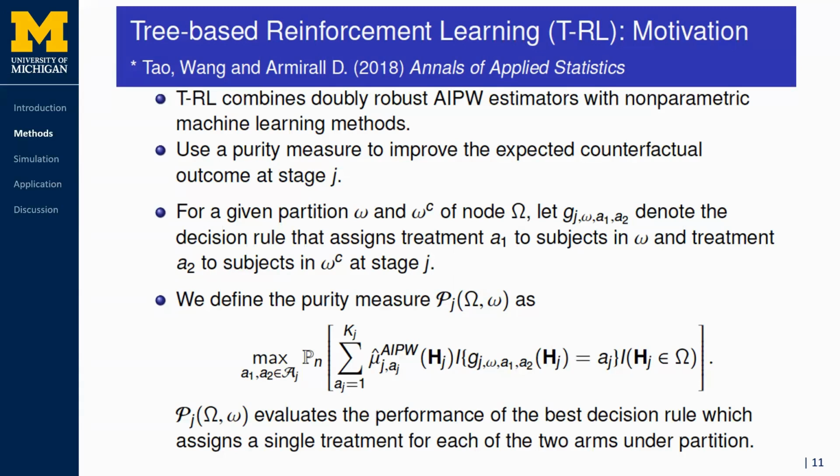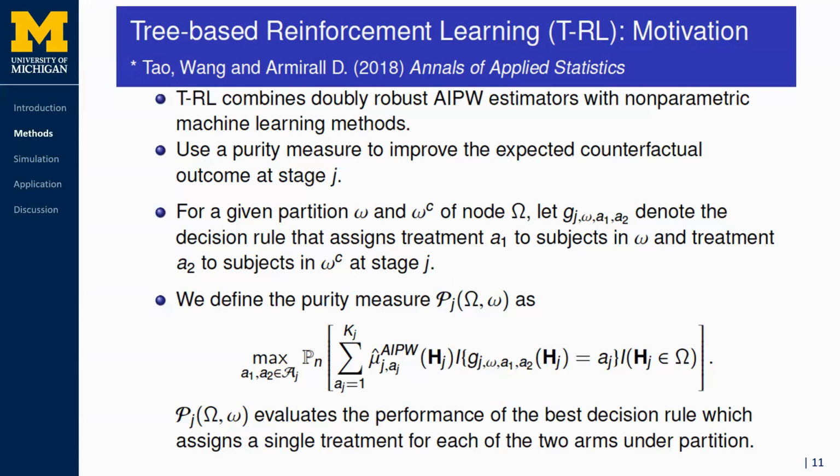So what they will do is, for a given partition omega and complement of any node, if I denote the g_J(omega, A1, A2) to be the decision rule that will assign treatment A1 to the omega partition, treatment A2 to the complement part omega C, okay?